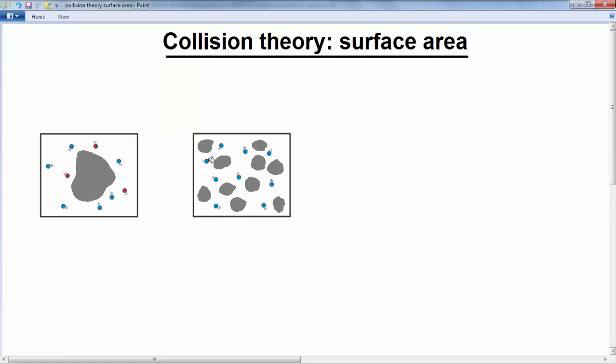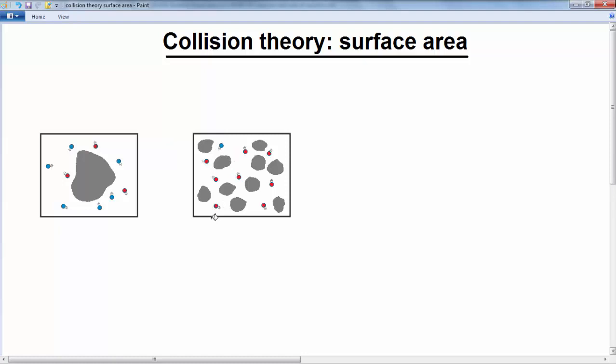So if we look now, that one's on line for a collision. This one will be. This one will be. This one, just about. That one, I think we'll give the go-ahead. And the only one in this diagram which isn't is this particle.